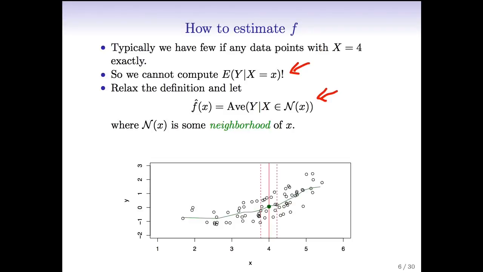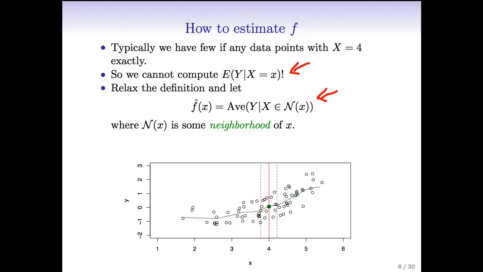It's close to the target point x. And if we make that neighborhood wide enough, we'll have enough points in the neighborhood to average, and we'll use their average to estimate the conditional expectation. So this is called nearest neighbor or local averaging. It's a very clever idea. It's not my idea. It was invented a long time ago.